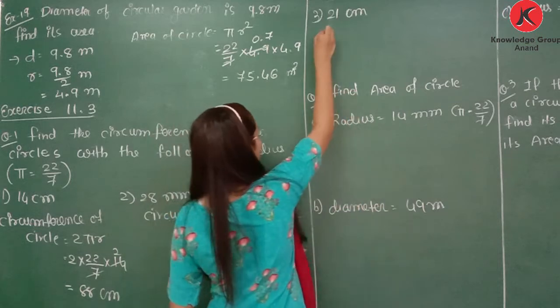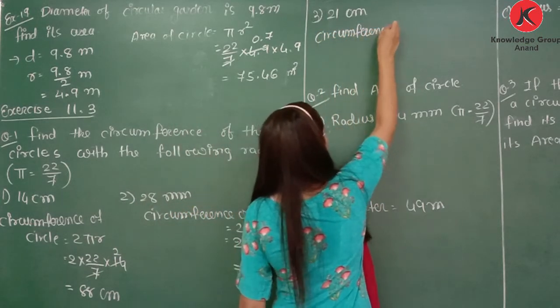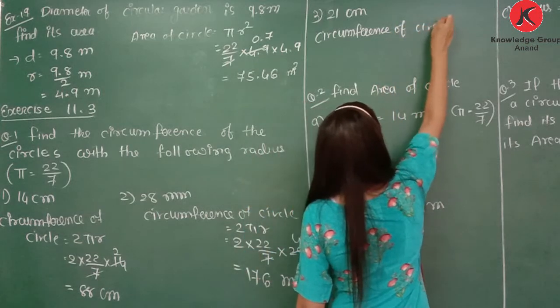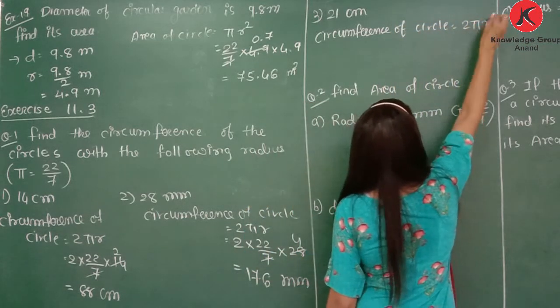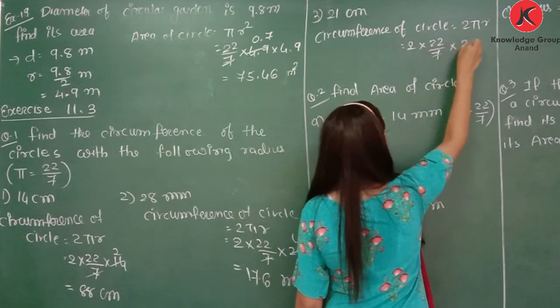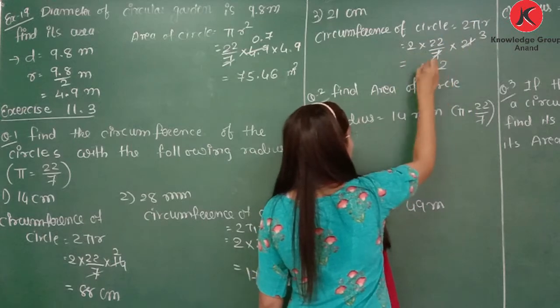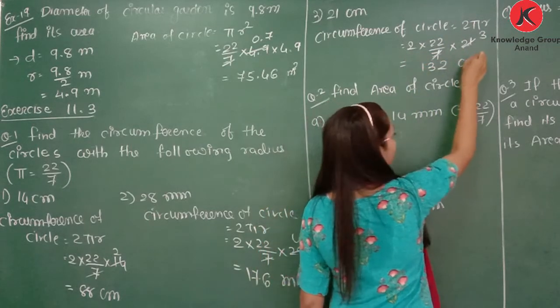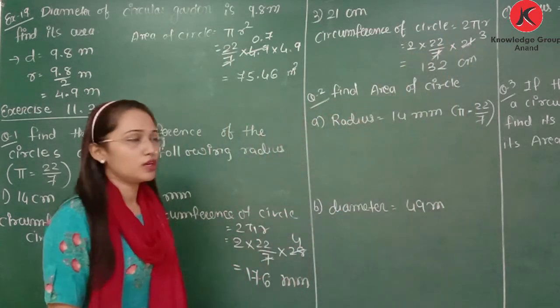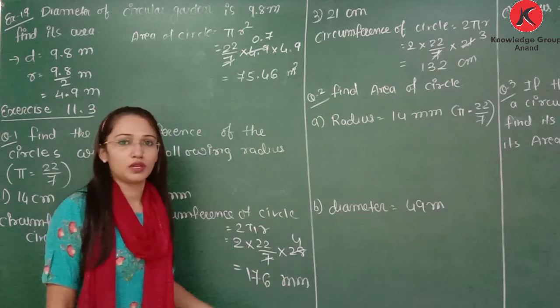So the equation is same. Circumference of circle, that is 2 pi. Pi is 22 by 7 and radius is 21. 132 centimeter. Okay, unit for a circumference is centimeter.